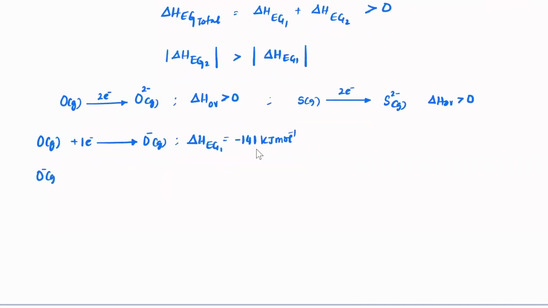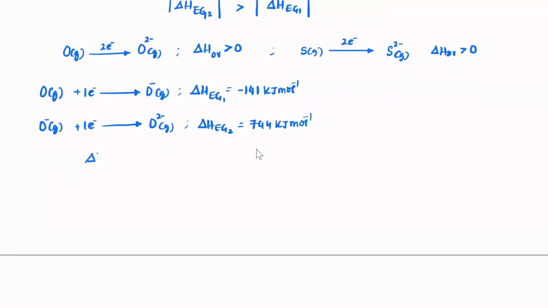So O minus gas plus one more electron becomes O2 minus gas, and delta H of electron gain enthalpy 2 is found to be 744 kilojoules per mole. So it is pretty clear that the overall delta H is the sum of these two, which is 744 minus 141, which is greater than 0.